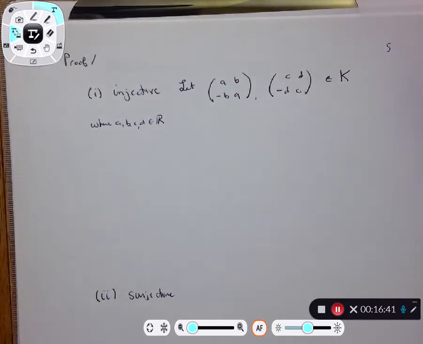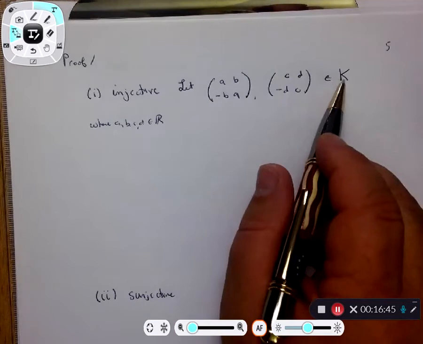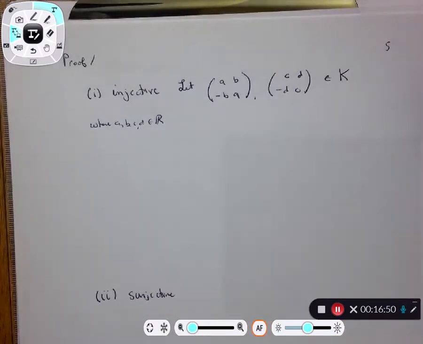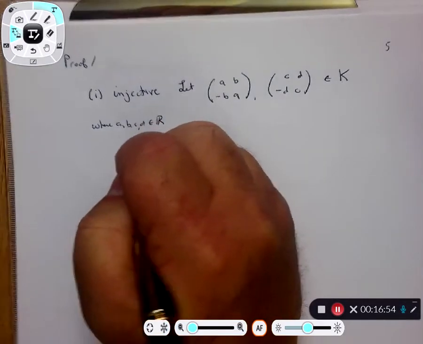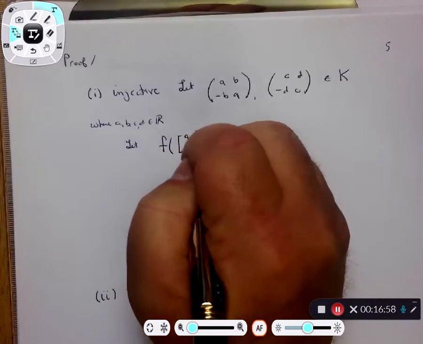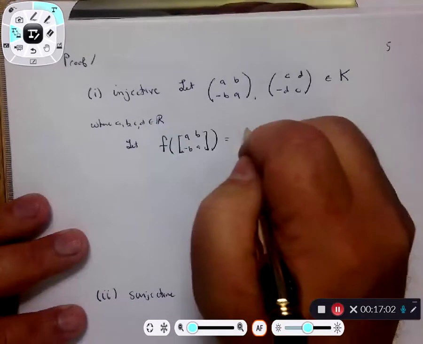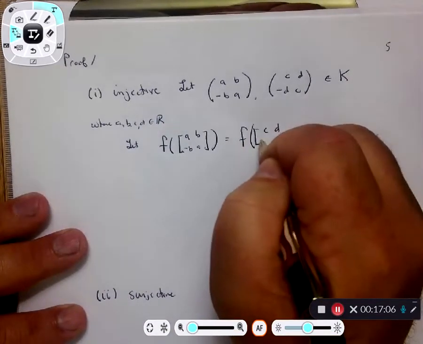So I've given myself a couple elements in that set K. These are 2x2 matrices, and to show that it's injective, I'm going to do this. Let f of the matrix [a, b; -b, a] equal f of the matrix [c, d; -d, c].